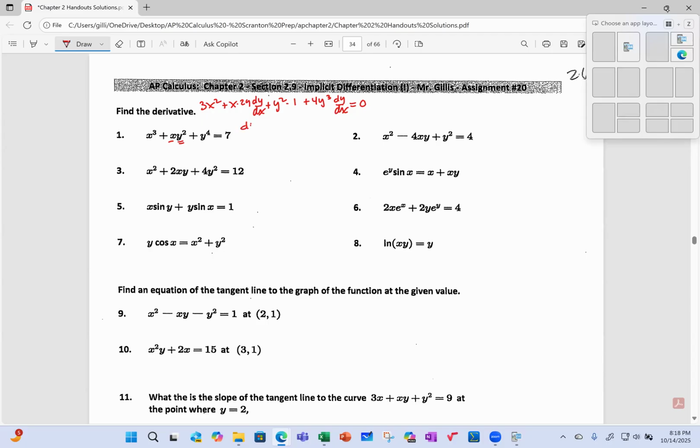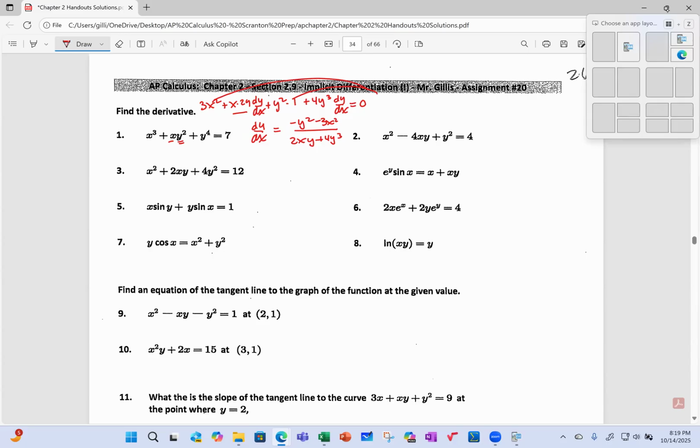And then the dy dx's are all on one side already. So I'm going to be a little quick here and just bring down my dy dx, but I'll explain where that comes from. I'm going to take this over and make this minus y squared. Take that over and make it minus 3x squared. And then I have a 2xy, which I would have factored out, plus a 4y cubed. It's hard, you don't have enough room there.